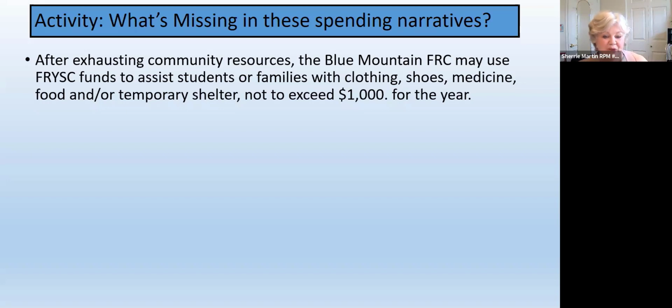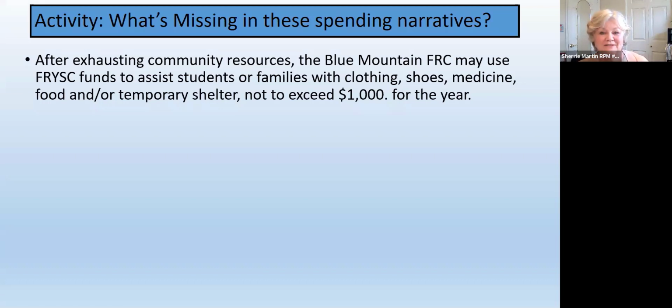So you have to remember, you have to have a spending limit per, okay, thank you, Molly, per student, and per family. So you're exactly right. We have an annual spending limit, but we need a per student, per family spending limit, and we need one more thing for this narrative.